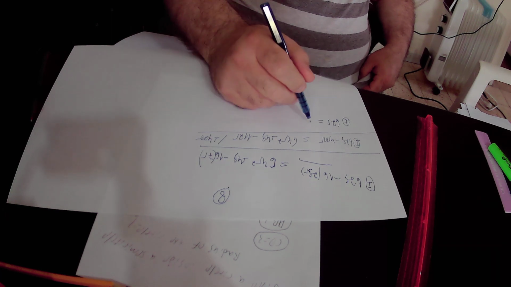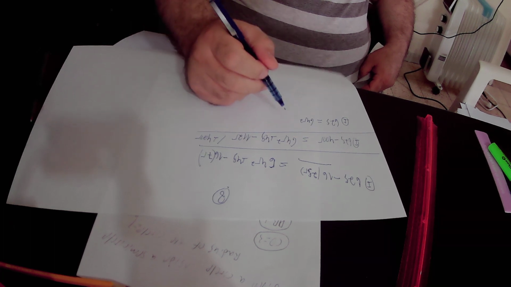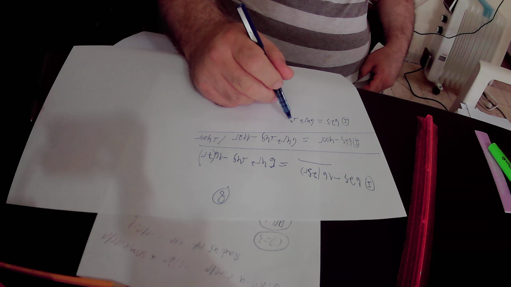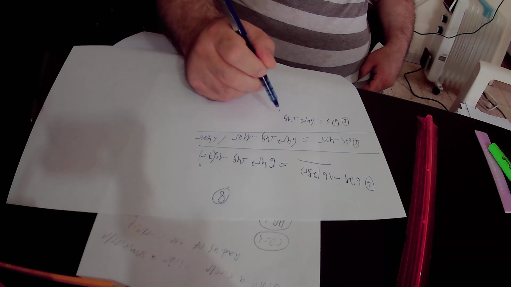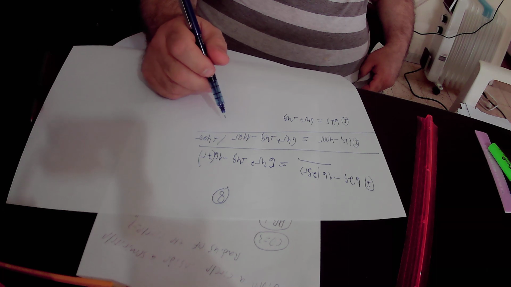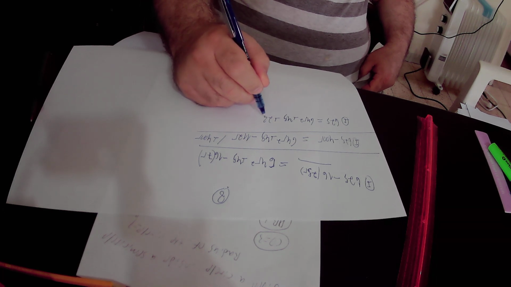That is equal to 64r squared plus 49, and we have here 400r minus 112r, it is plus 288r.